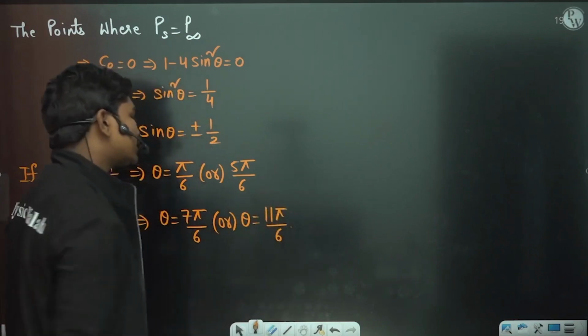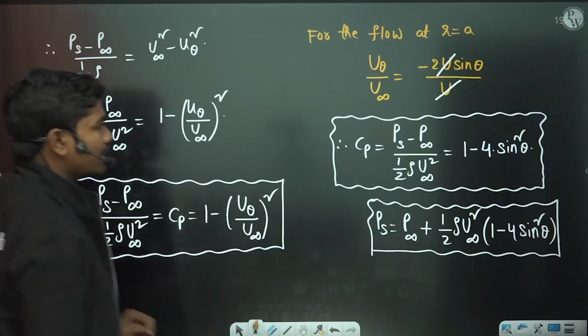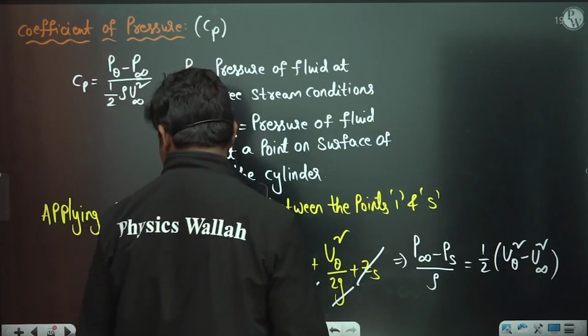Means basically if you see these 4 locations, theta equal to pi by 6. Let me draw the curve here.